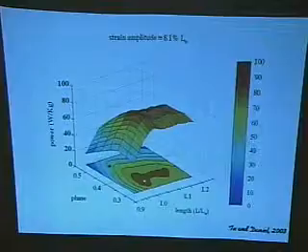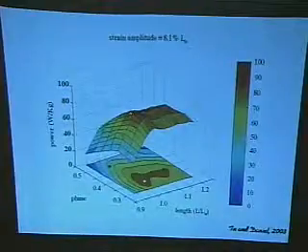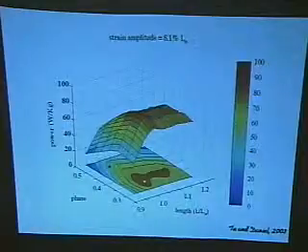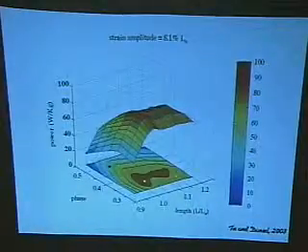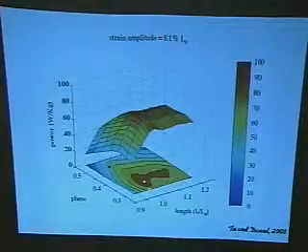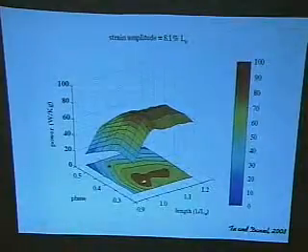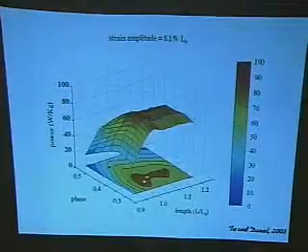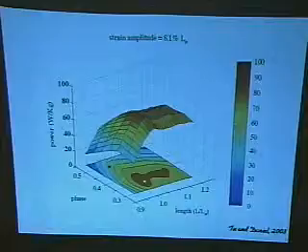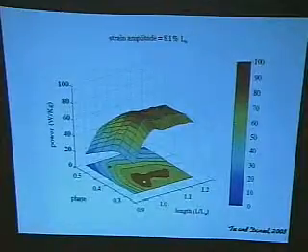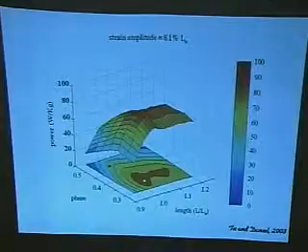And what you find is, lo and behold, there is this peak capacity to generate power output. This is the surface that corresponds to this contour map here. And physiologically, you would hope that you would turn the muscle on and run it at a length that maximizes the power output and at a phase that would maximize that power output. That'd be great if you were using all of the power output of the muscle. But in fact, it doesn't operate that way.